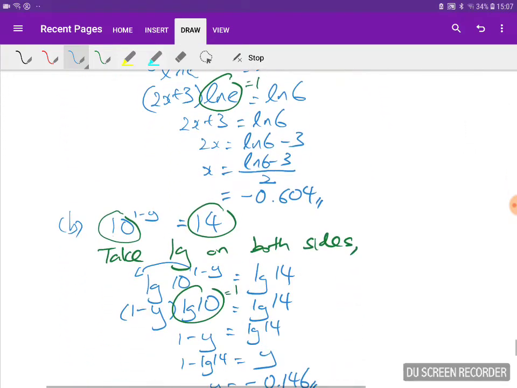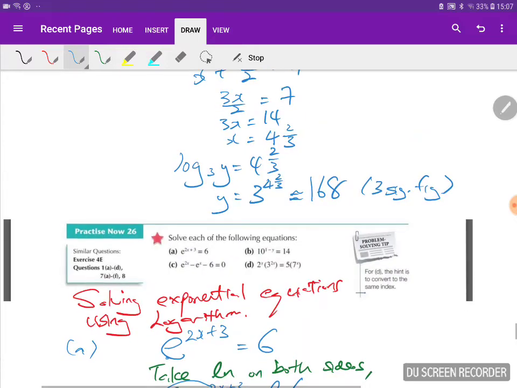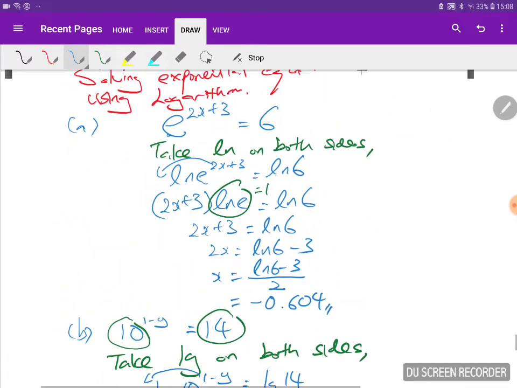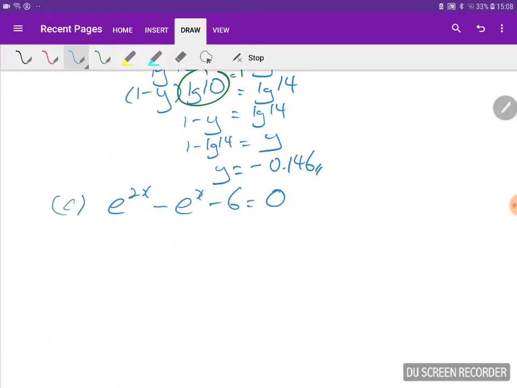E to the power 2x minus e to the power x minus 6 equals 0. So how do we solve this equation? It's a bit more complicated, but you do notice there's a clue given.